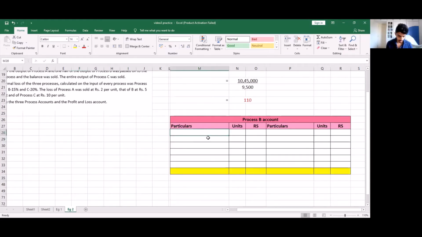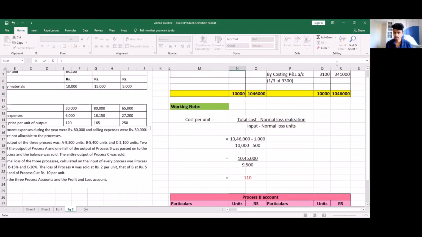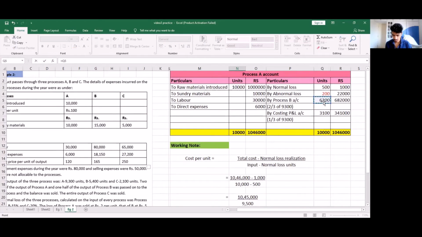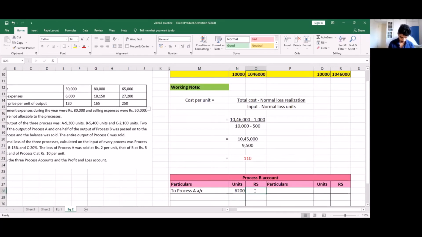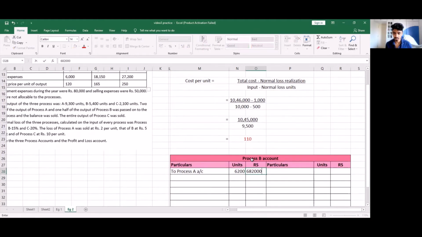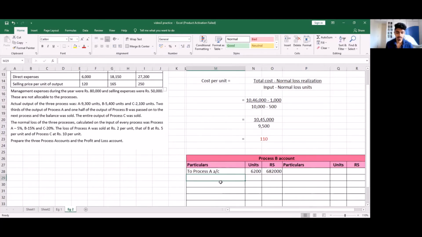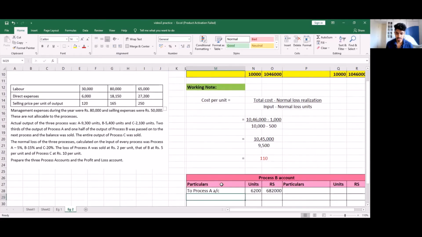So this we will account as to process A account, 6,200 units at 6,82,000. Now that we have got a hang of our process account, I will be going slightly faster with process B. So we have our sundry materials, 15,000.